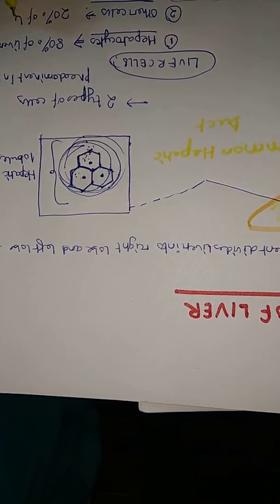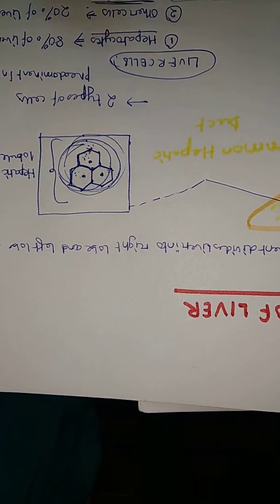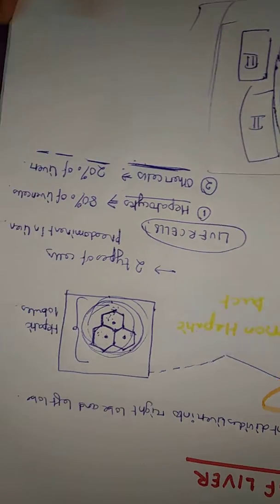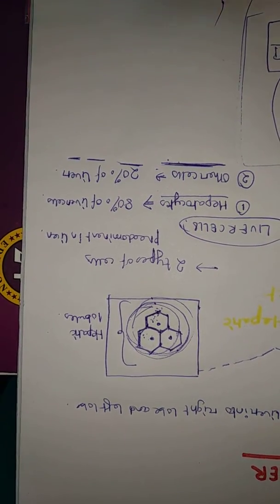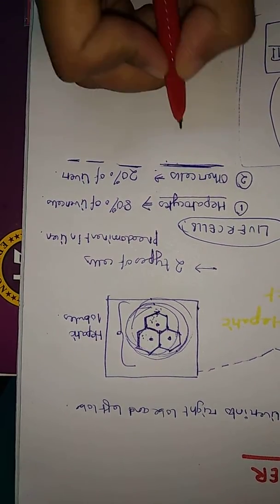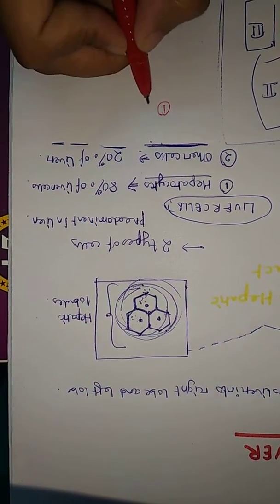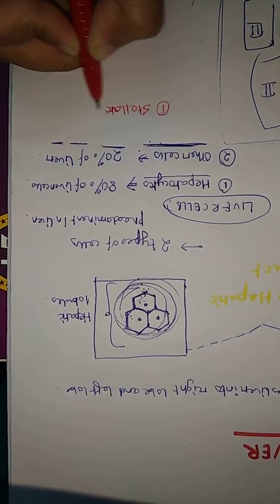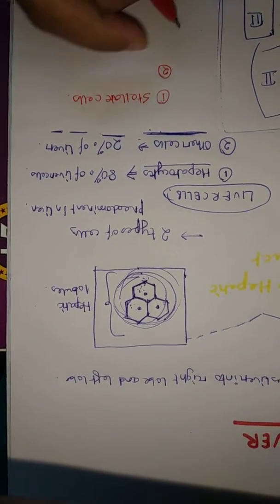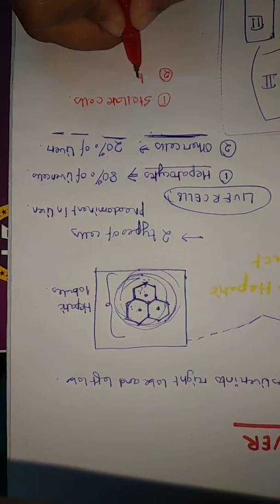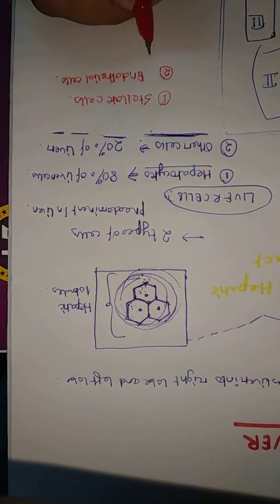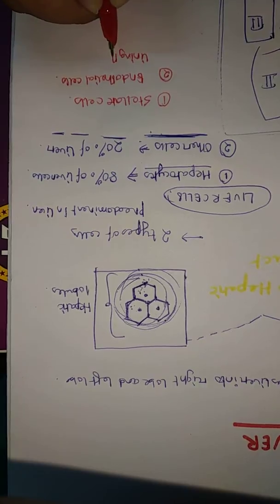What are the other cells that comprise the 20% of the liver cells? We will discuss this, and these are very important. First of all, the stellate cells, then other cells like the endothelial cells lining the sinusoids.